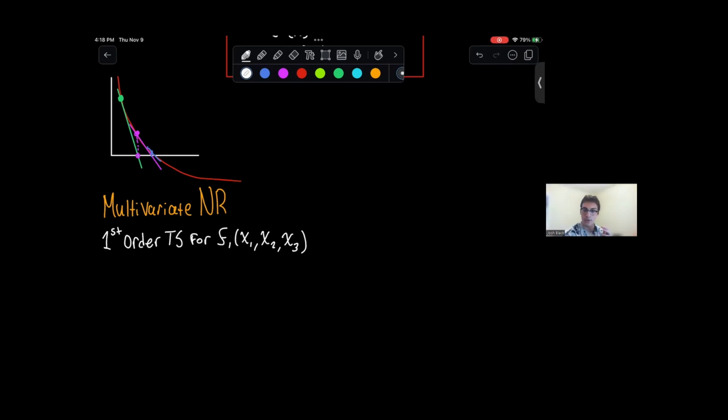Now, the cool thing about multivariate Newton-Raphson is it's going to find a solution for a system of nonlinear equations. These nonlinear equations are obviously going to be square. So if we have 3 variables, we're going to have 3 functions if we want to find a unique solution.